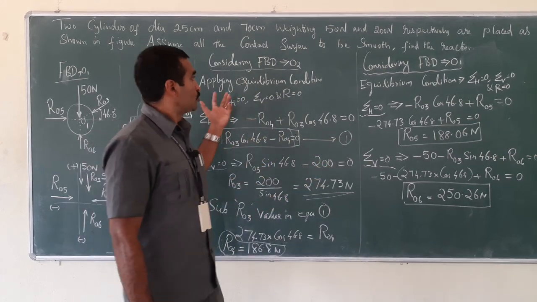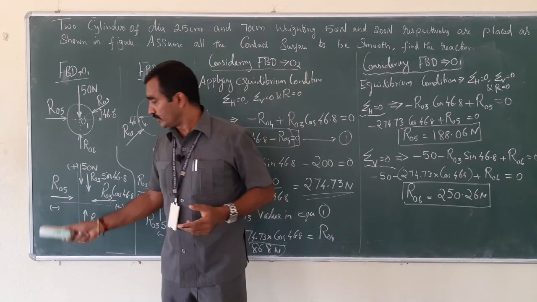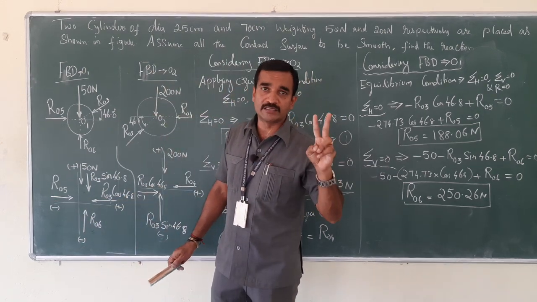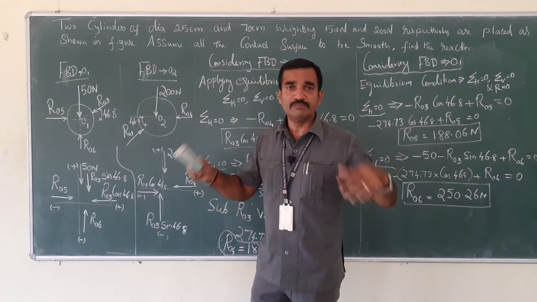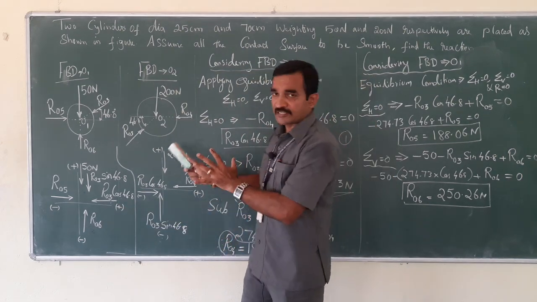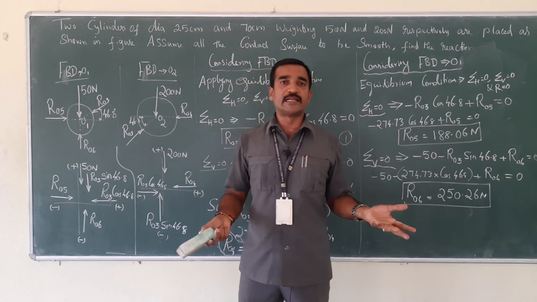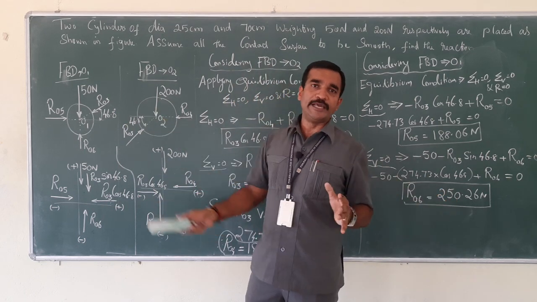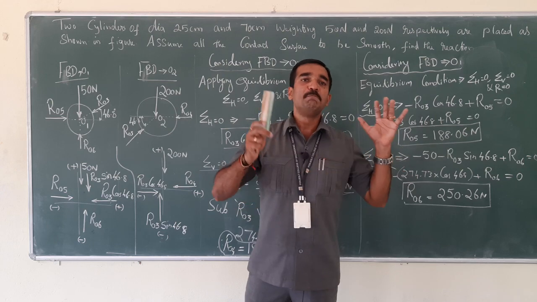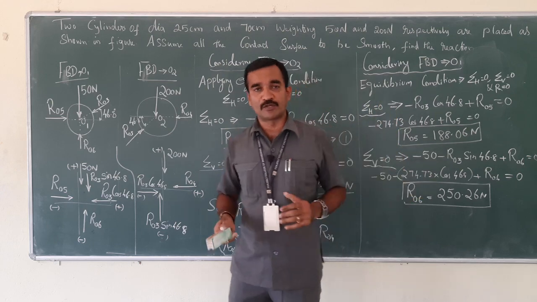Suppose you have 2 cylinders, then you will have 2 FBDs, 2 free body diagrams. Where you have minimum unknowns, from there you will have to proceed. Suppose in place of 2 cylinders you have 3 cylinders or 3 rollers. After drawing the FBD, the one which has minimum unknowns, from there you will have to proceed.